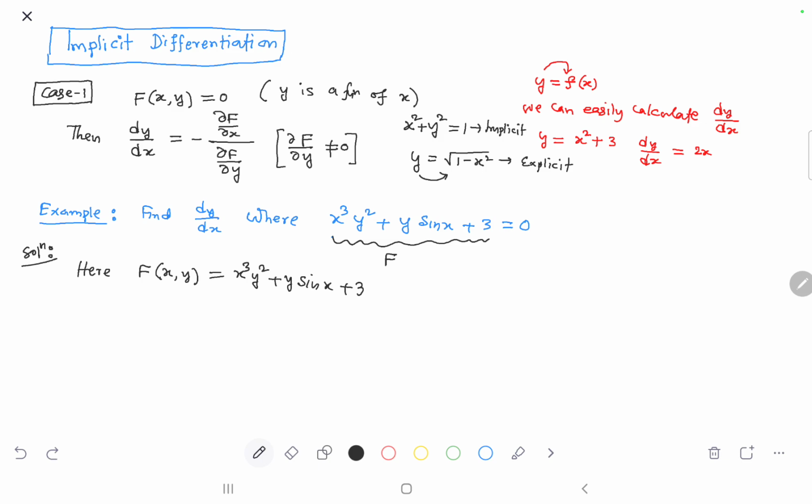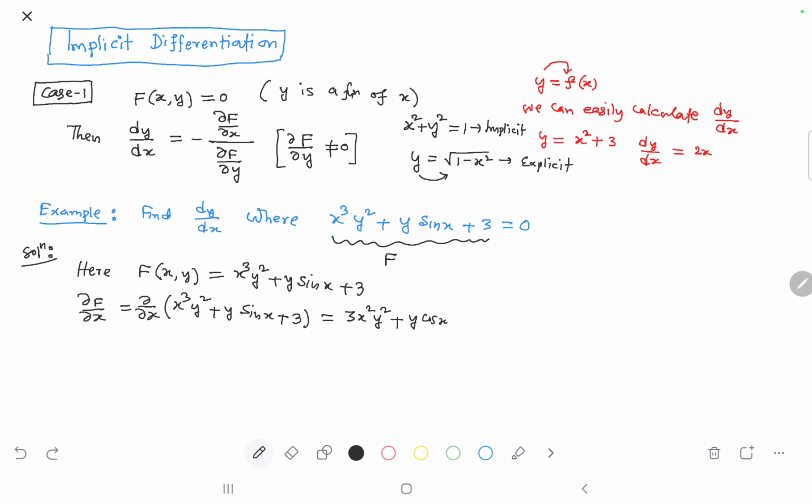Now we calculate del f/del x. So del f/del x will be the partial with respect to x of x cube y square plus y sin x plus 3. So what should we get with respect to x? y is constant here. So 3x square y square plus y cosine x.